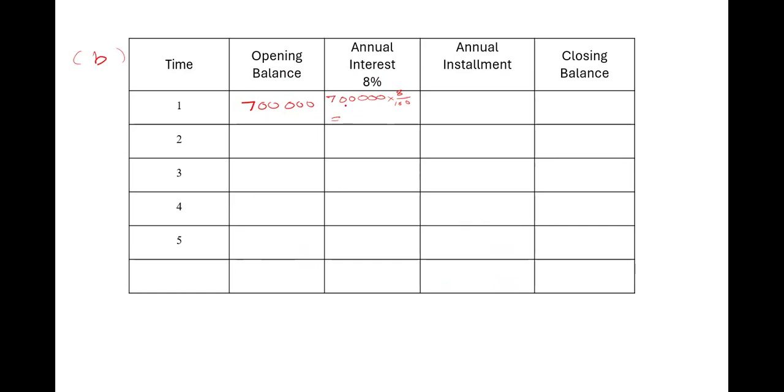Then what is the answer? 56,000 rupees. 8% of the opening balance. Now the opening balance is 700,000. We take 8% of 700,000. It should be 56,000.